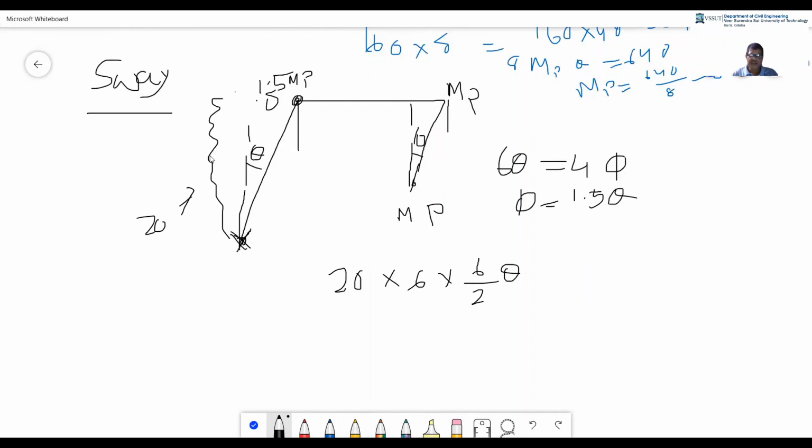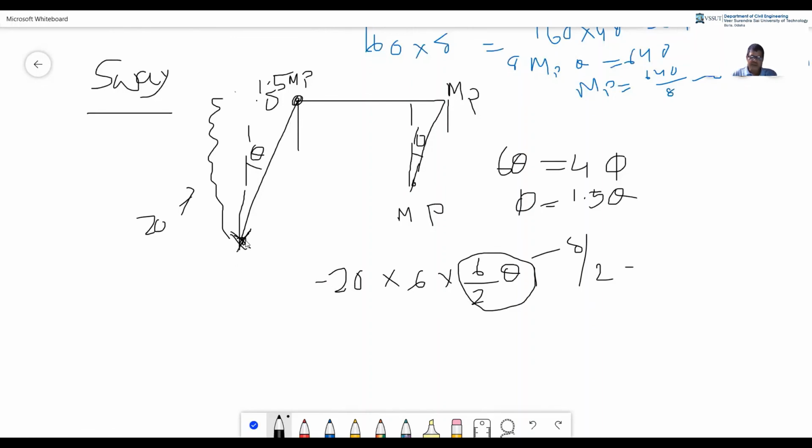So delta is equal to 6 theta. So delta by 2. Total load is 20 into 6. So from this you'll find this value for the external work done.